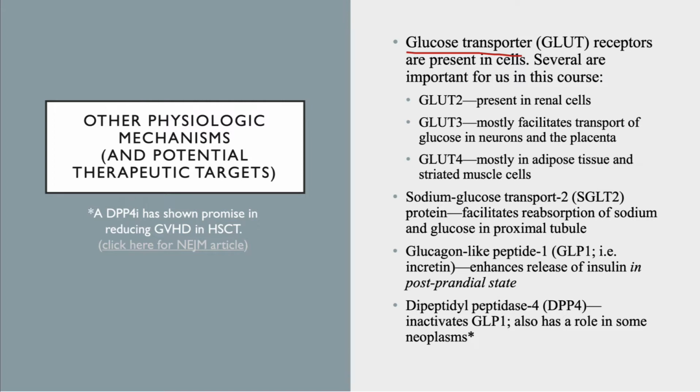So these SGLT2 proteins normally function to preserve the organism, right? They make the kidney hold on to sodium. Why do you need to do that? Well, because when we were getting attacked by saber-toothed tigers many years ago, we would bleed to death, and we needed sodium to maintain our fluid balance so we wouldn't be hypotensive, right?